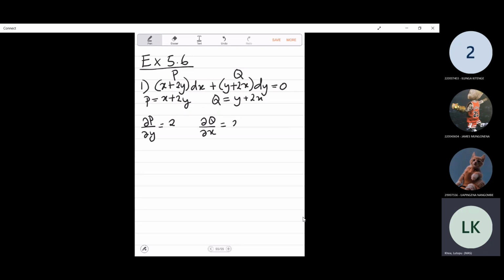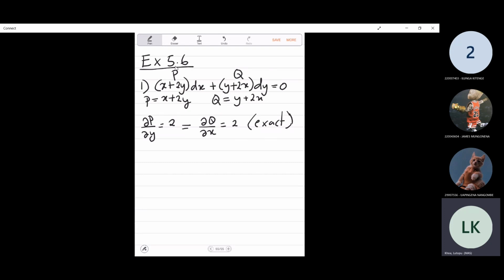The answer is 2. They are equal, therefore it is exact. So now that I see that it is exact, I can use the method for solving exact differential equations. So this time I'm going to integrate q with respect to y. So notice it doesn't matter which one you pick.